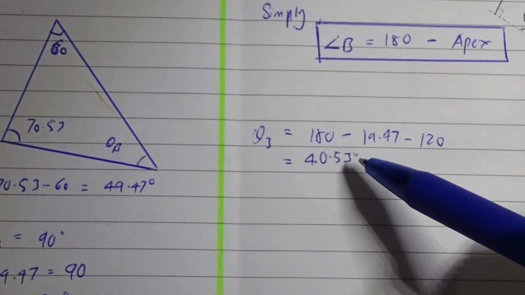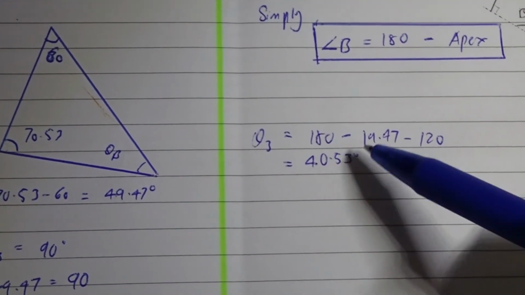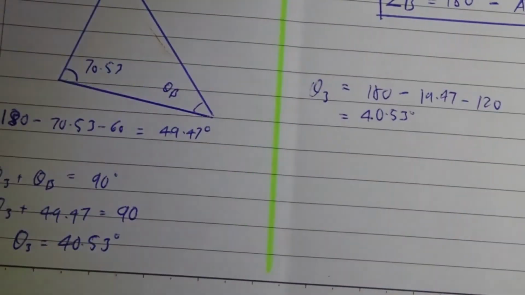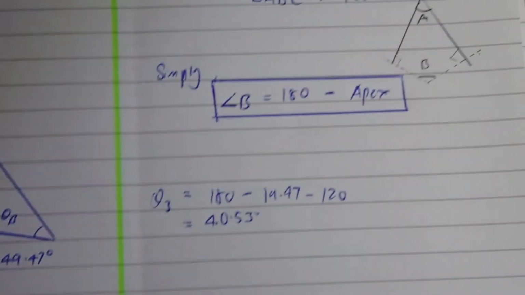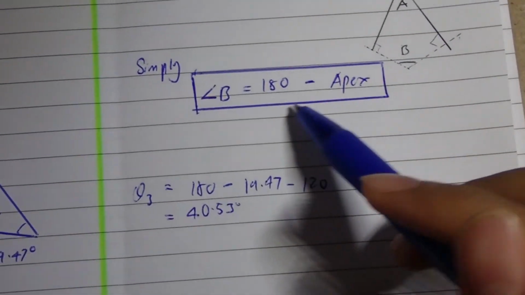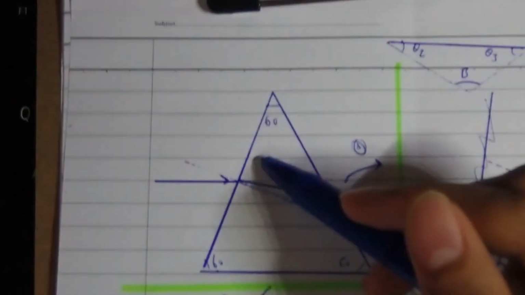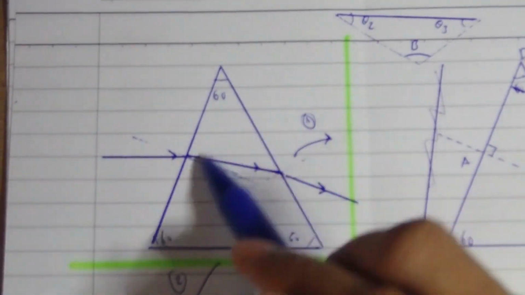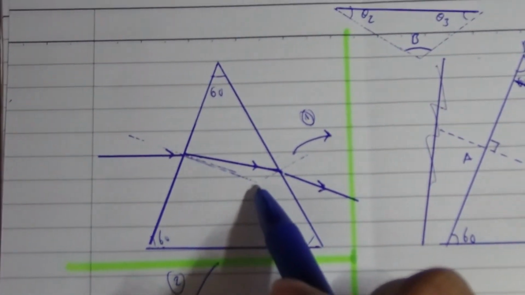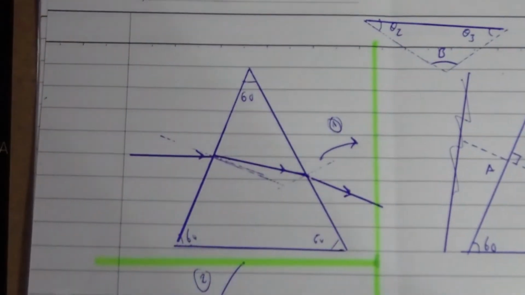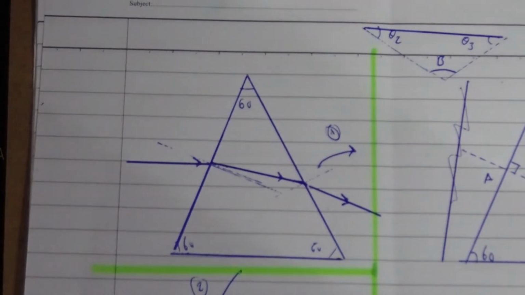Using another method, we also get the same result, 40.53. For me, I would preferably use this formula, finding the angle B here to find theta 3, instead of using the triangle up here. So that's that. I hope that's useful.